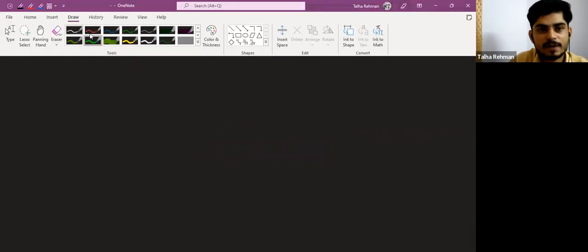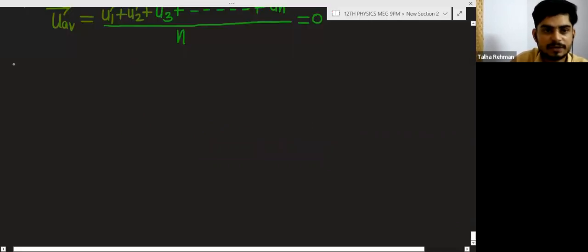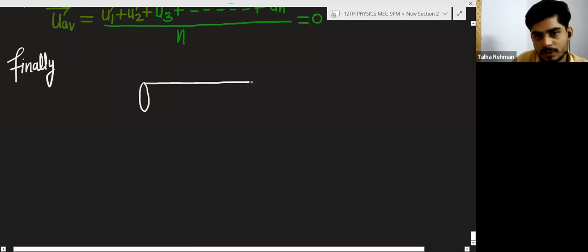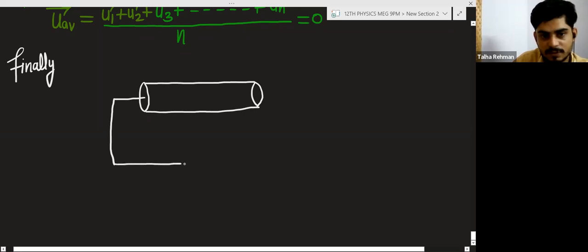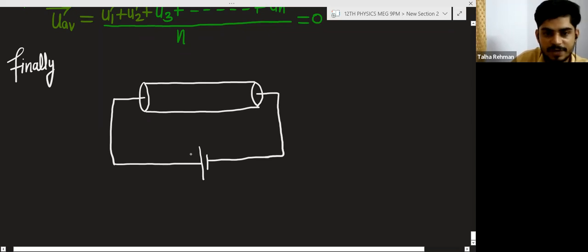Now finally you have applied an electric field across the ends of the conductor. This is the same conductor, and you have connected it with some battery.